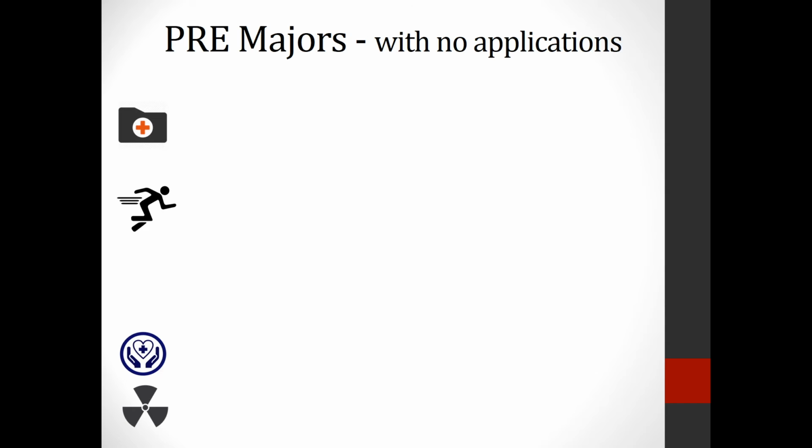There are other pre-majors that do not have an application. The transition to the full major will occur when the student meets specific prerequisites with the required GPA, and these include healthcare administration. This major is for students wishing to pursue healthcare from more of a business standpoint, other than being a nurse, doctor, or technologist.